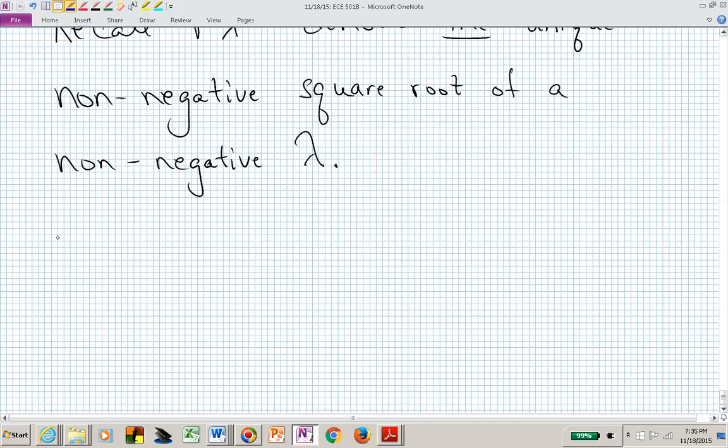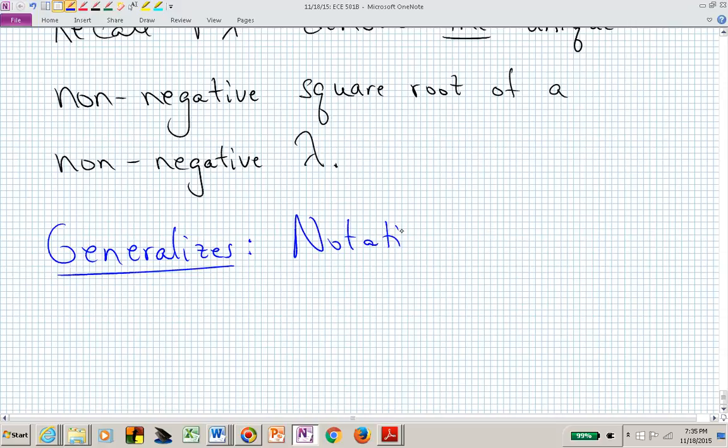And what we are going to see is that that can be generalized, and we'll use that in our notation.